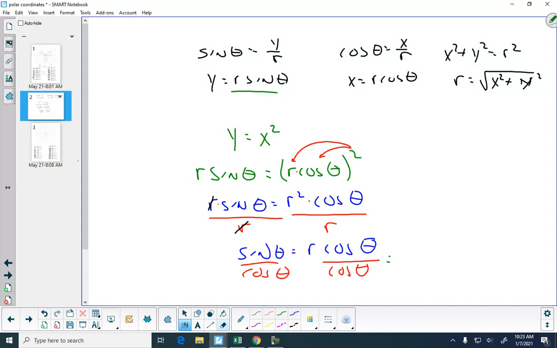So this will give us r is equal to sine theta over cosine theta, which would be tangent of theta, if you remember your fond memories of all your trig identities.